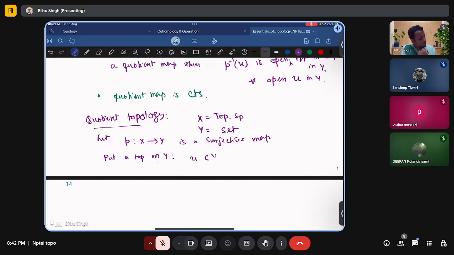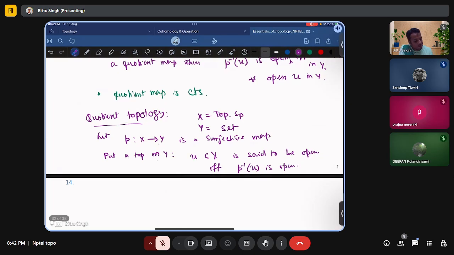U contained in Y is said to be open if and only if P inverse of U is open. Okay, this is how we can put a topology on Y.